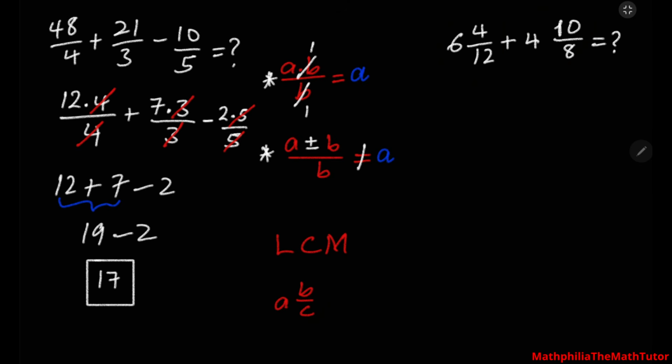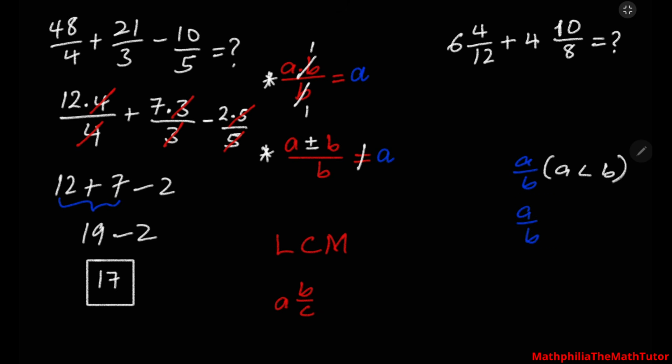For those of you who don't know, a proper fraction is a case where if you have A over B, A is less than B, so the numerator is smaller than the denominator, okay? We call this a proper fraction.